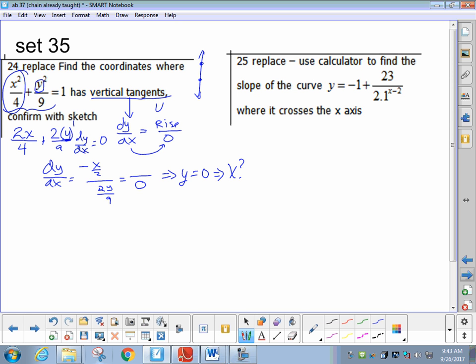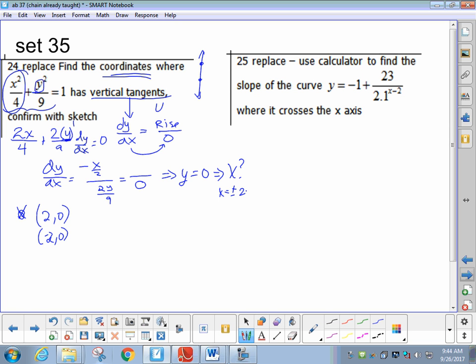It does say coordinates, so I don't need just the y, I need the x too. When y is 0, what's x? Plus or minus what? Plus or minus 2. That comes from the original equation. All right. So I get vertical tangents at 2, 0 and negative 2, 0.